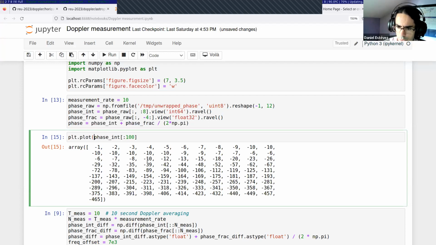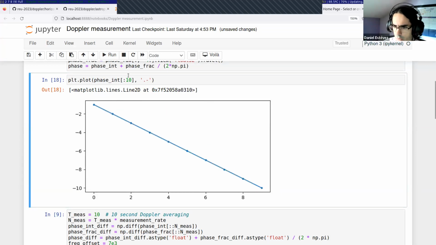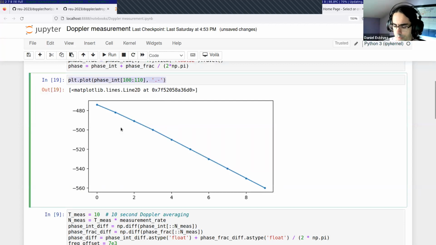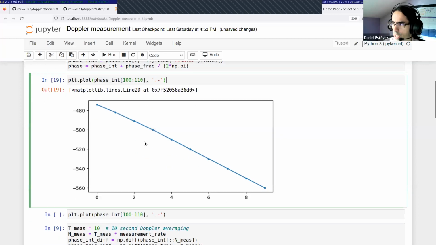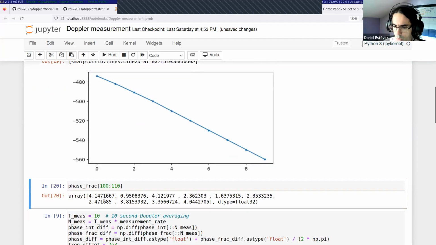We can, in fact, plot this. So you see that this looks like a staircase of some sort, especially if I plot just a few of them, because the phase integer is just integer values. Then we also have the fractional part. This is going to be a number between minus 2 pi and 2 pi.